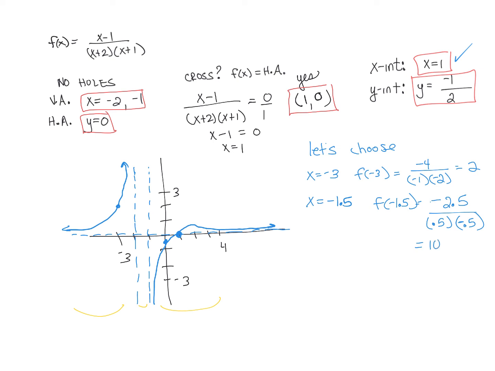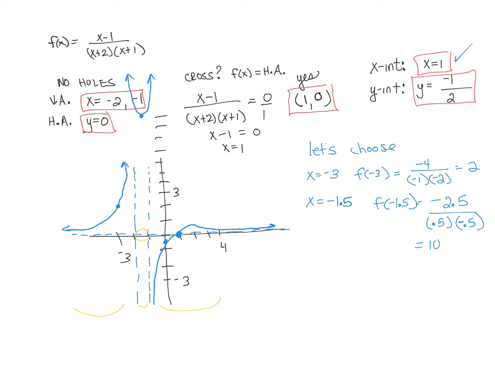So you'll notice, I know a lot of students like to use their calculator. If we are at negative 1.5, we're here at 10, and it's going to be a U shape here. We know it's not going to be a wiggle because it does not cross here at the axis.